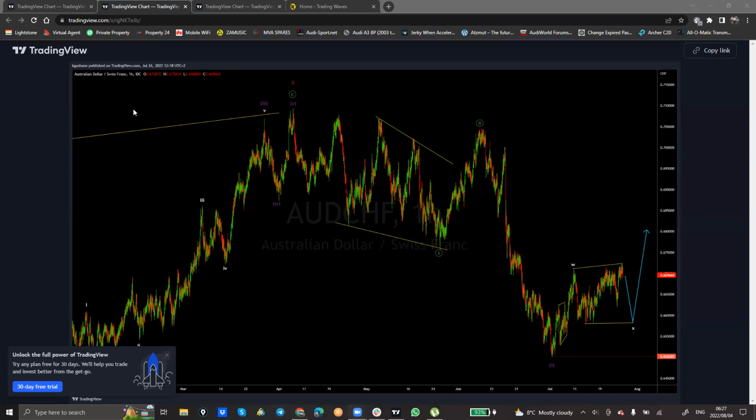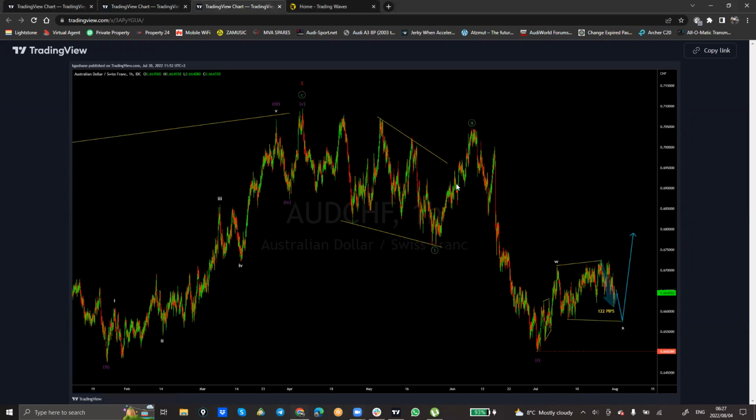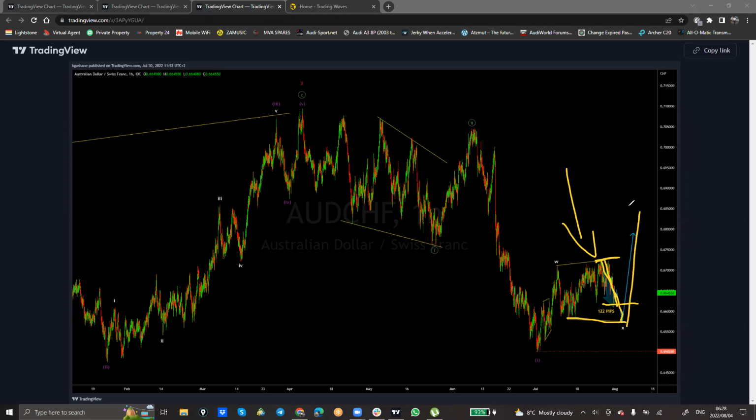Then after that, from July the 30th rather, one can see that from the peak there, indeed, we had this move to the downside. At the time of printing this particular chart, we had only about 122 pips down from the peak where we had forecasted we should be seeing a move to the downside to come and complete a structure that is flat, a flat corrective structure, and then upside thereafter, right?